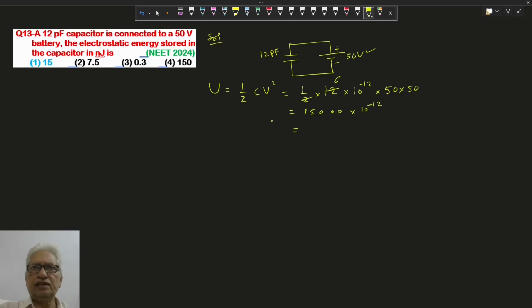So here we get 15 times 10 to the minus 9 joules, or 15 nano. The energy stored here is 15 nanojoules. Option here, in terms of nanojoules, it's 15. So the correct option is 1.